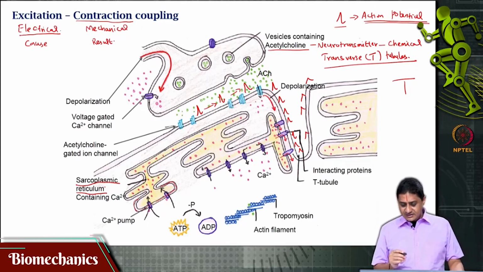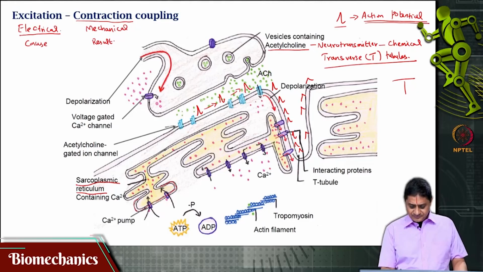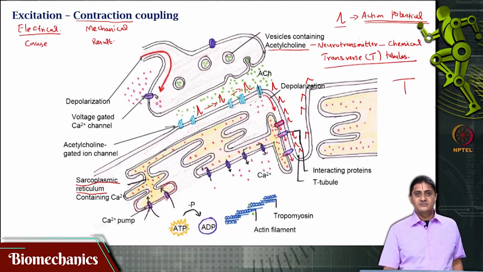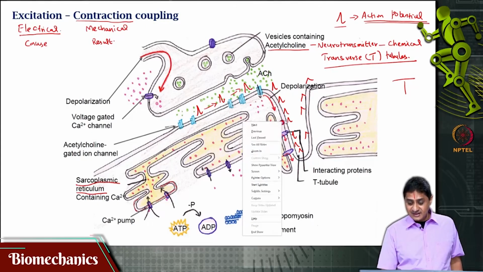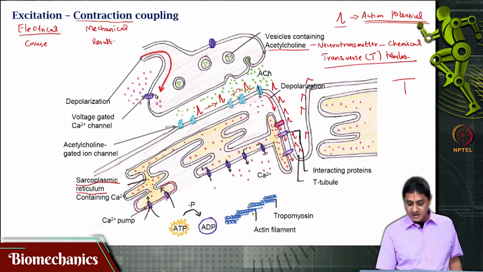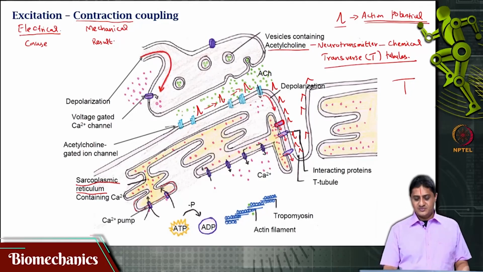It turns out that this sarcoplasmic reticulum has some channels that are attached on two sides, one on the sarcoplasmic reticulum itself, and because the T tubule is very close, the other end of this channel is attached to the T tubule.